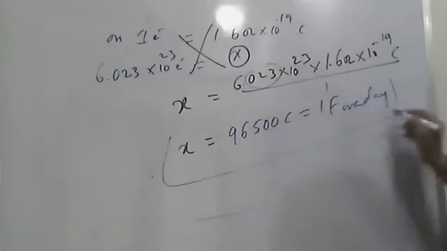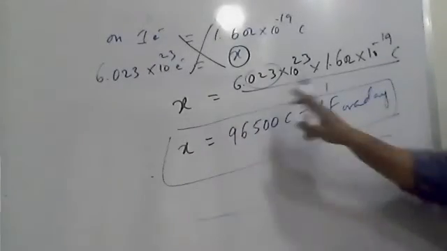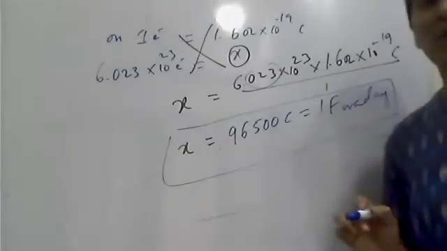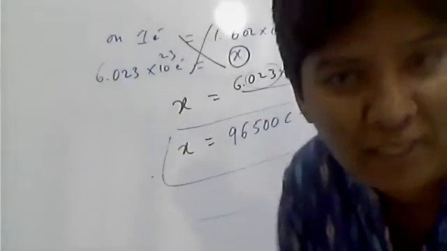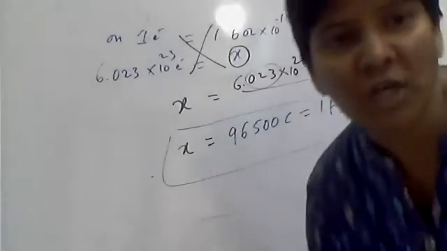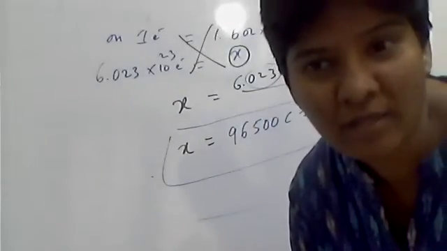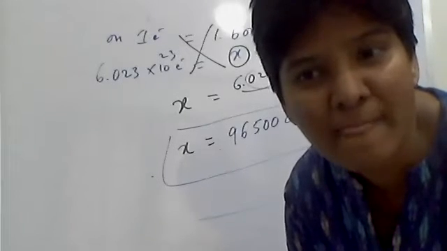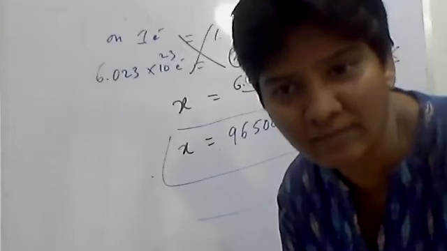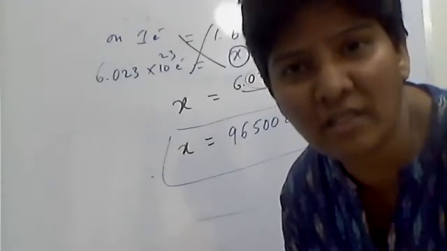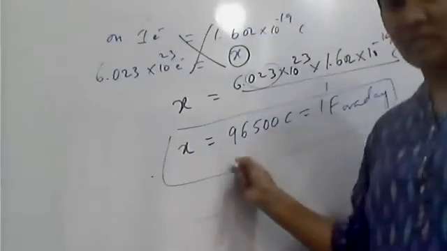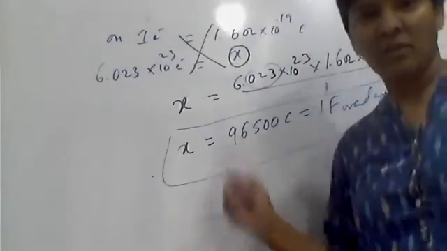Now how did you get this answer? See here, simply consider 6, and here 1.6. Just imagine it is 1.5. So 1.5 twos are 3, 1.5 fours are 6, 1.5 sixes are 9. Did you get 9?